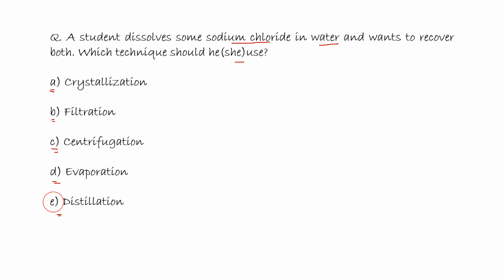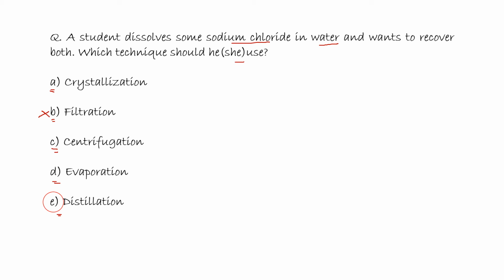Well, sodium chloride in water gives a homogeneous mixture, so we cannot use filtration. Crystallization, we can evaporate water. We would like to recover the water and sodium chloride. Crystallization means that we are going to lose a huge amount of water, depending on the concentration, of course.